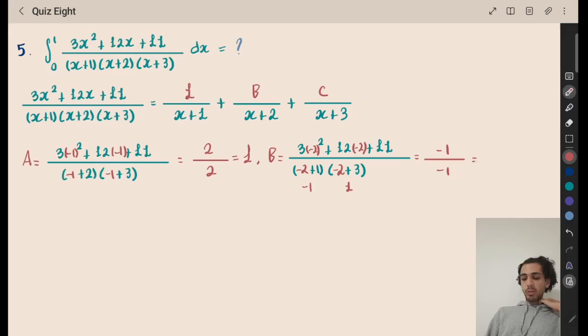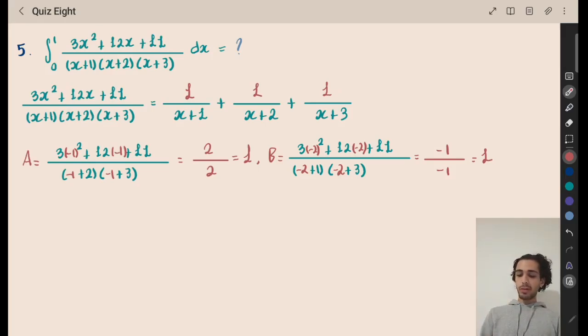Minus 1 divided by minus 1 is 1. And maybe just to force you to actually do C, I will not compute it. I'll just say it out. So funny enough, it will also be equal to 1. You should check this, use the same way, please.